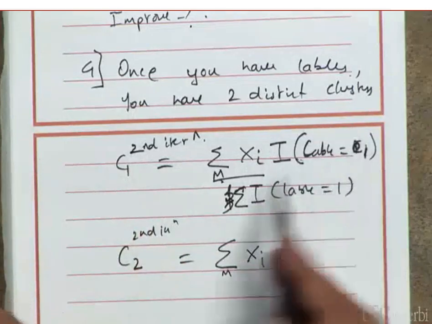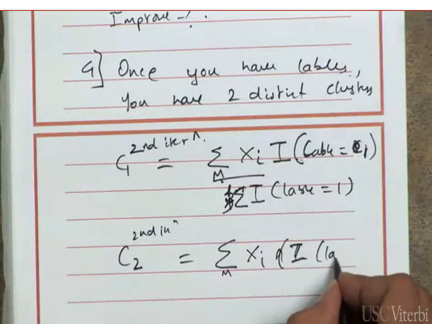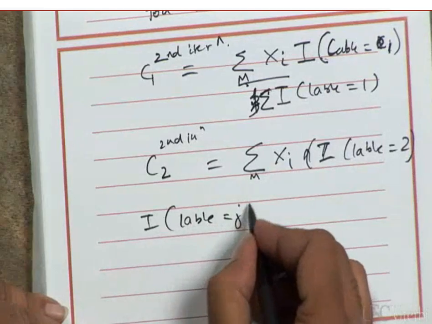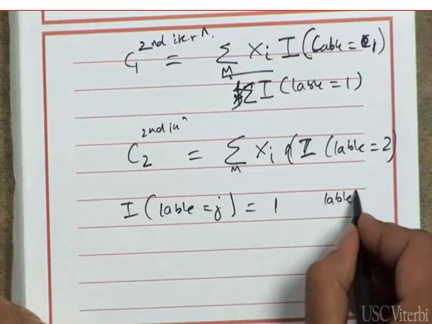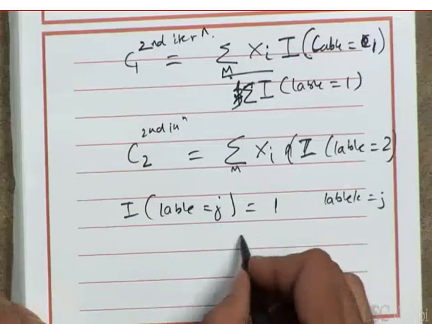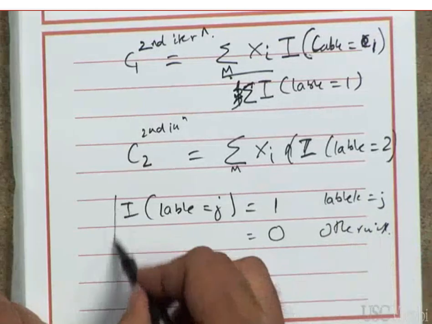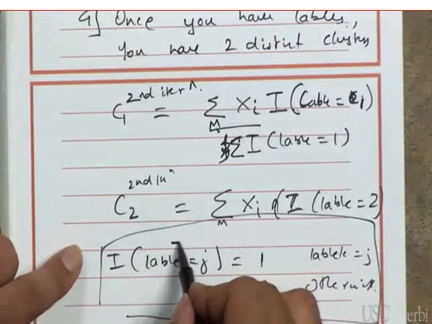I'll explain, just one moment. Let me write this down. So I of label equal to j is equal to 1 when label equals j, it is 0 otherwise, right? So this is my function. So what does this do? Sorry, there'll be a denominator here also.